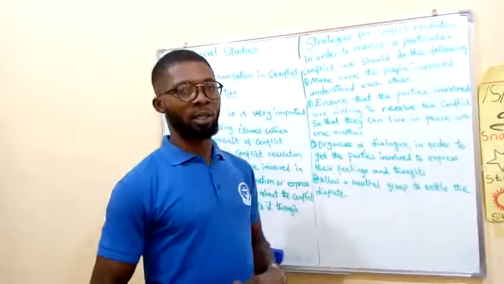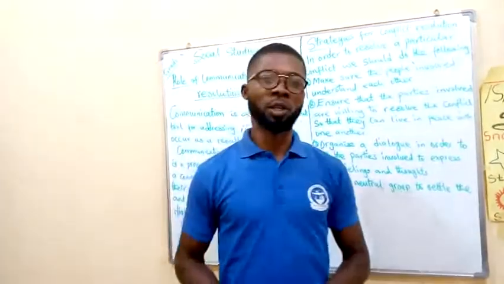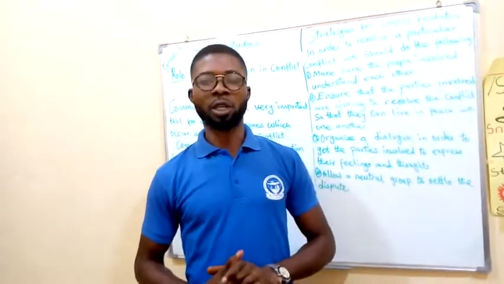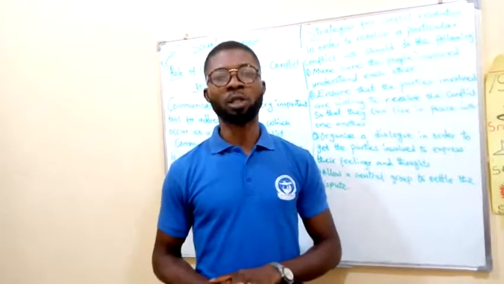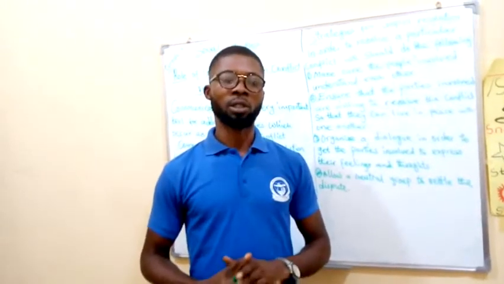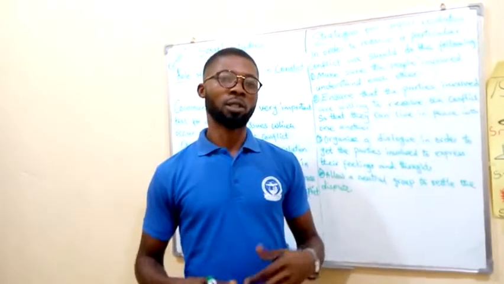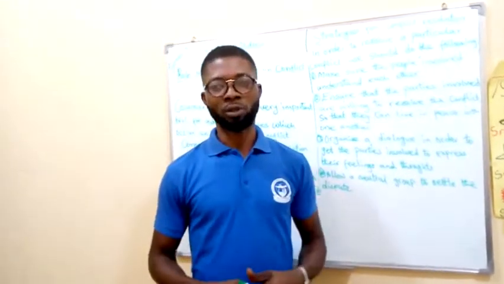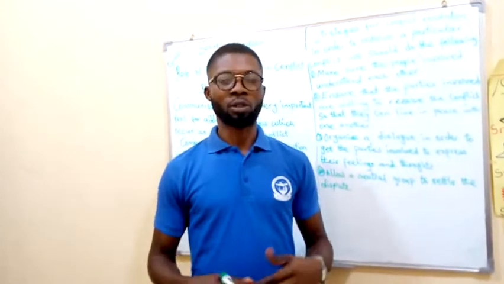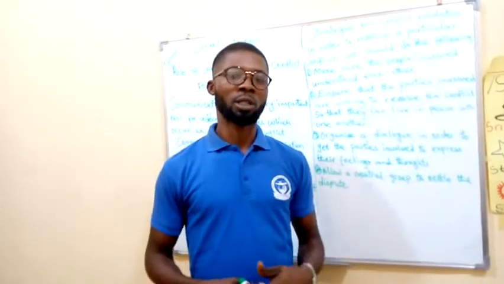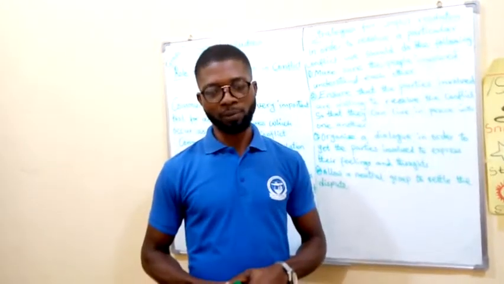And remember, in our last class, we talked about what group conflict is. We said that conflict could mean a struggle, a fight, or a disagreement between people or groups of people, or between communities, states, and countries.